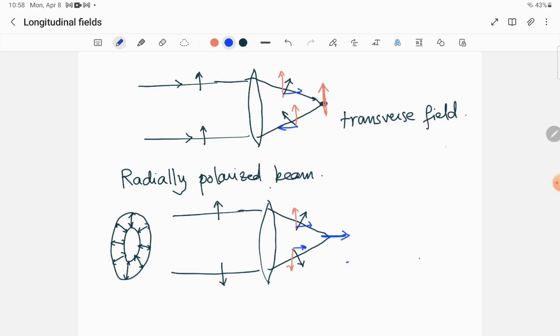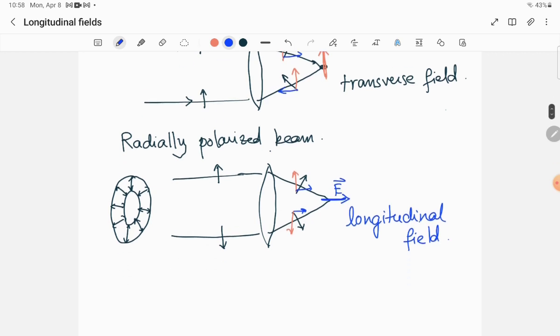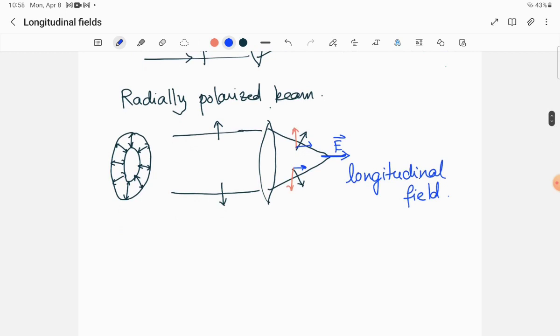What this leads to is a longitudinal field, where the electric field is in the direction of propagation of the beam. This happens, and in many cases it will be a superposition of both. You can have a longitudinal component and also a transverse component.